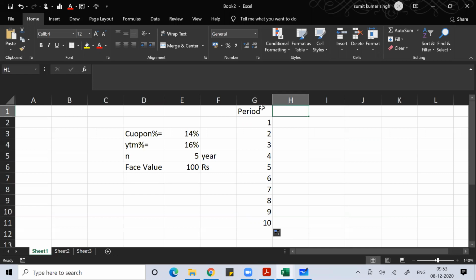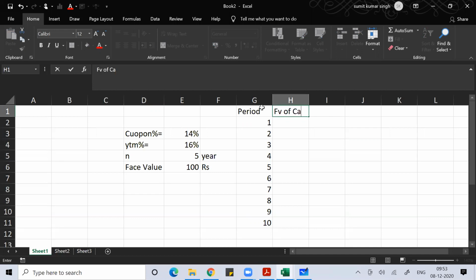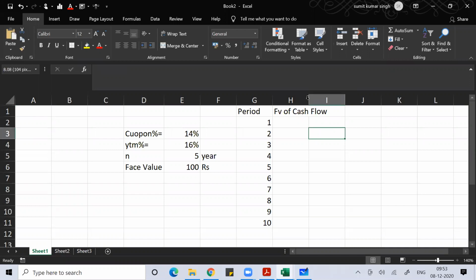Now what is the cash flow we're talking about? The future value of the cash flow. The cash flow I'm talking about here is the coupon.